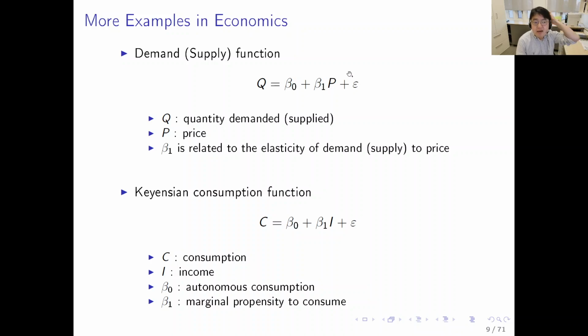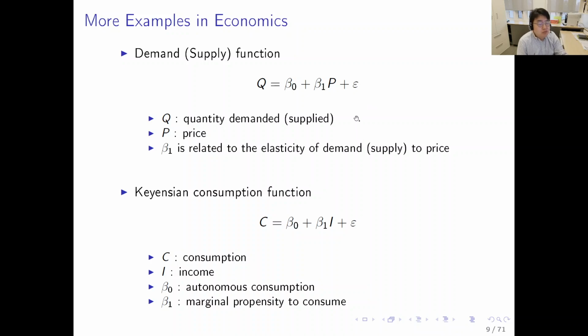If price is high, demand will decrease, so beta 1 will be negative. Or if price is high, then the supply will increase, right? So beta 1 will be positive for the supply function. So supply function increases and demand function decreases. So in this case, epsilon is the error term.